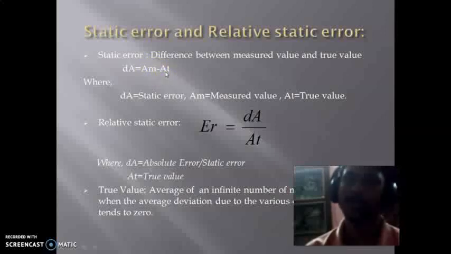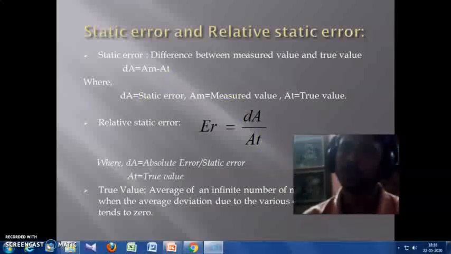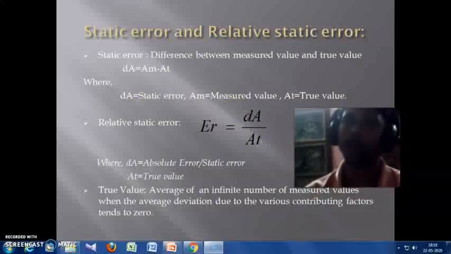To measure static error, we need the true value of the particular instrument, which is a very important part of static error measurement. So what is true value? True value is the average of an infinite number of measured values when the average deviation due to the various contributing factors tends to 0.